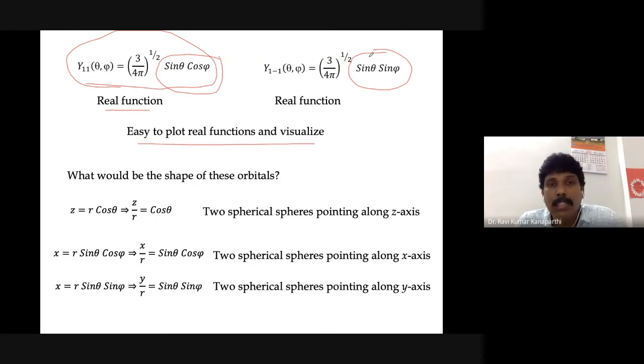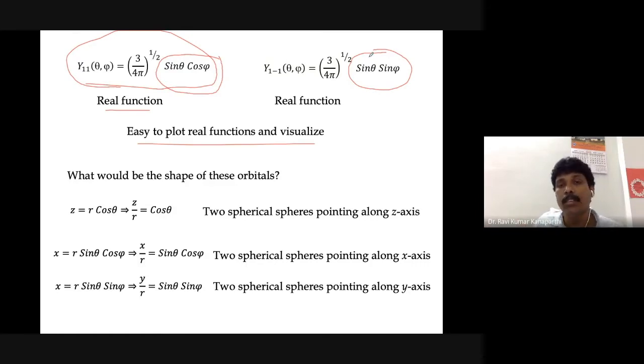You can first make a table of theta and phi values and calculate how these values vary. You should choose at least 15 to 20 points. Then calculate sine theta and cos phi, take the product, and try to plot that product.